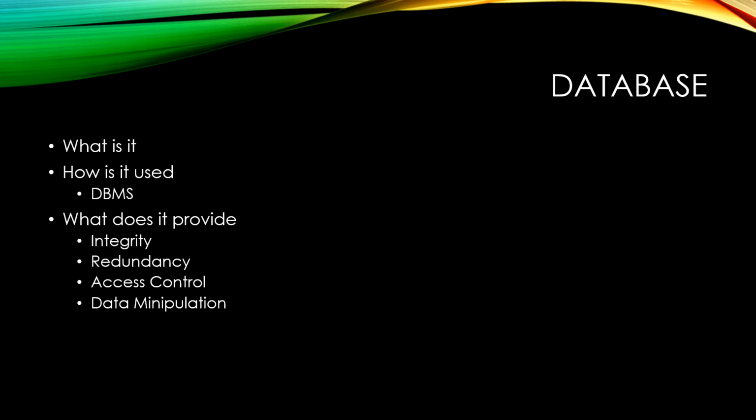Another key function of a database is access control and data manipulation. Using access controls helps protect the database and its data by allowing only authorized users to access the data within that database.